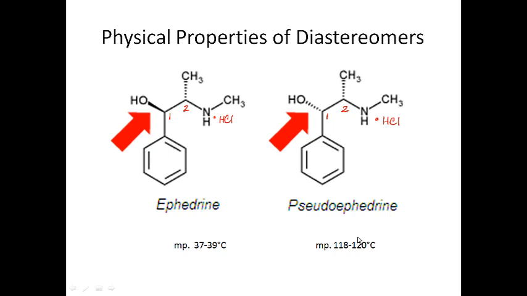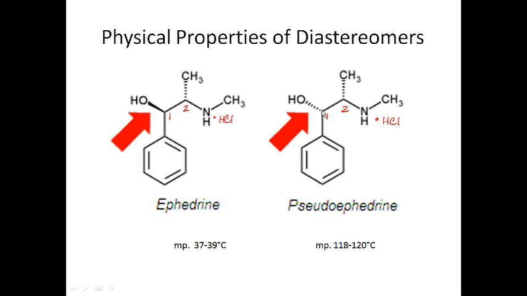Unlike enantiomers, which have exactly the same reactions with non-chiral molecules and have exactly the same physical properties except for how they rotate plane polarized light. Diastereomers will still rotate plane polarized light.